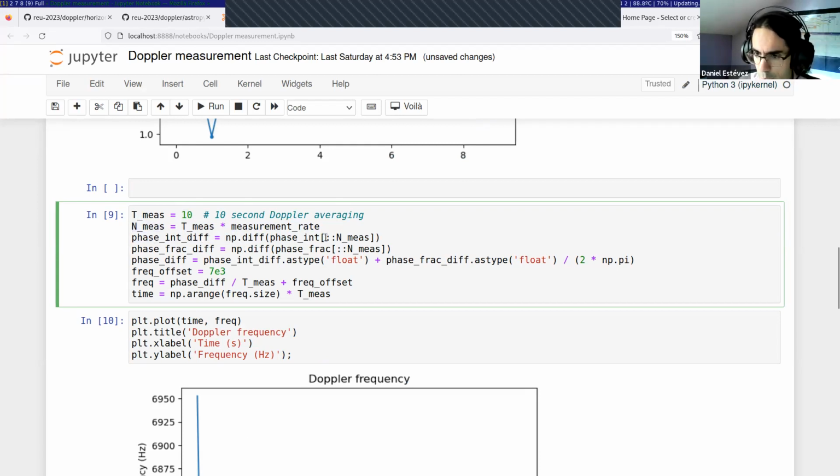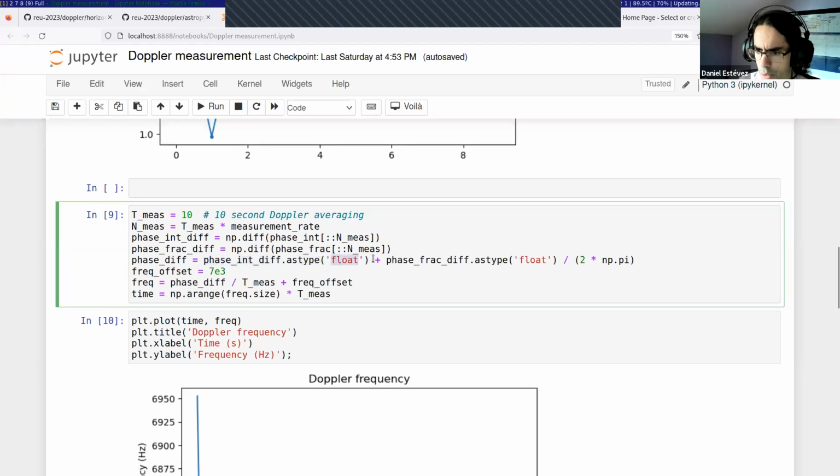I skip, so this notation is for skip, so I take the phase every 100 numbers. And since I want to be extremely precise with this calculation, I treat the integer part and the fractional part separately. So I'm differentiating the integer part and differentiating the fractional part. Taking differences is a linear operator, so you can do this and add the results together. And that's what I'm doing. I convert everything to float.